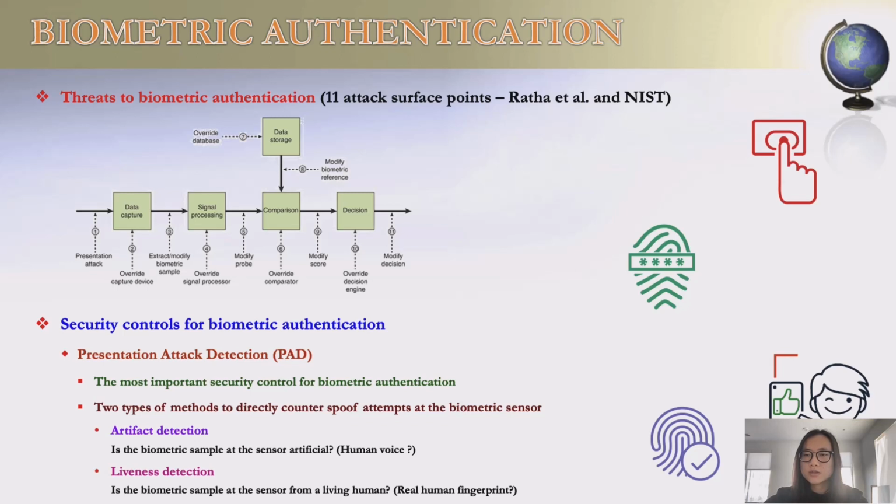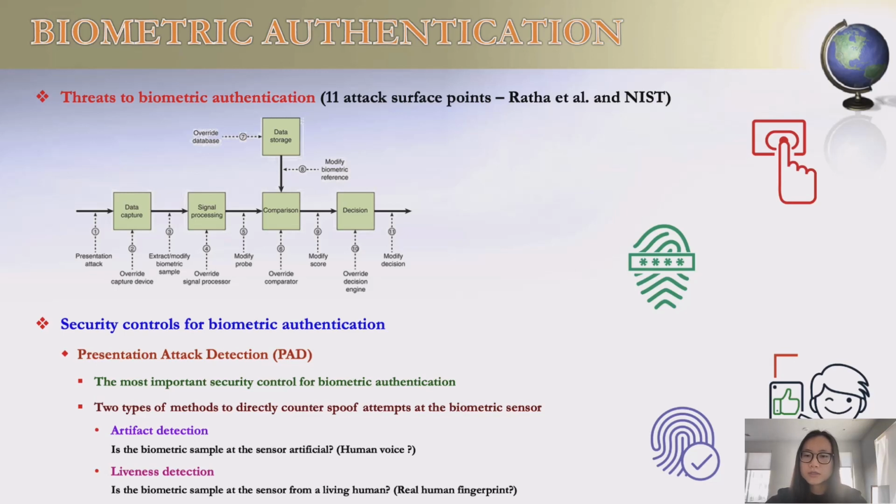Presentation attack detection involves two types of methods to directly counter spoof attempts at the biometric sensor. Artificial detection attempts to answer whether the biometric sample at the sensor is artificial. The other type of attack detection is liveness detection, which attempts to answer whether the biometric sample at the sensor is from a living human presenting a sample to be captured.